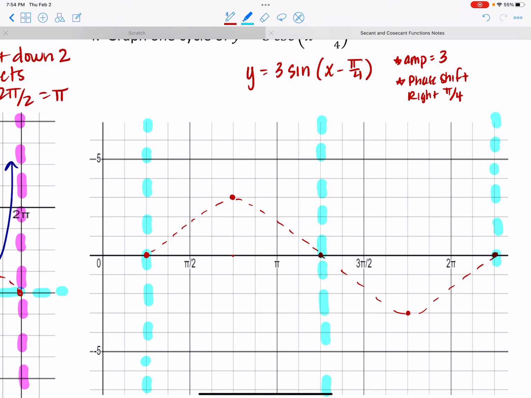So 3 asymptotes, and then I'm going to use my max and min to get my parabolas. Change colors. Parabola here, again, goes the opposite direction of my sine wave, so something like this. And then over here, my second one, something like that.